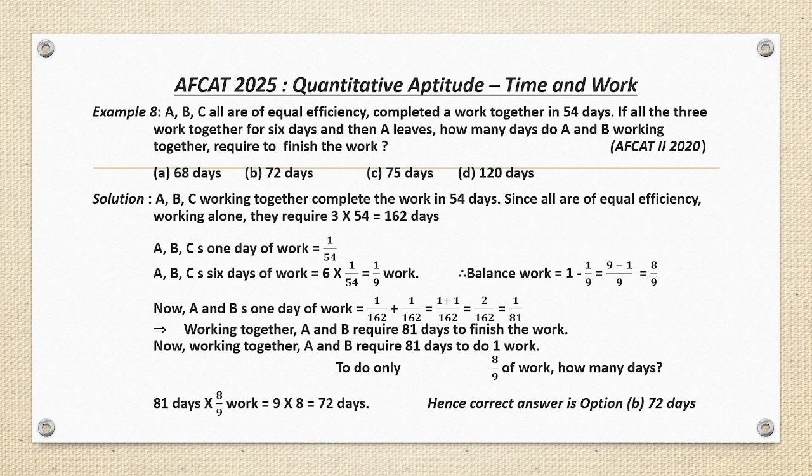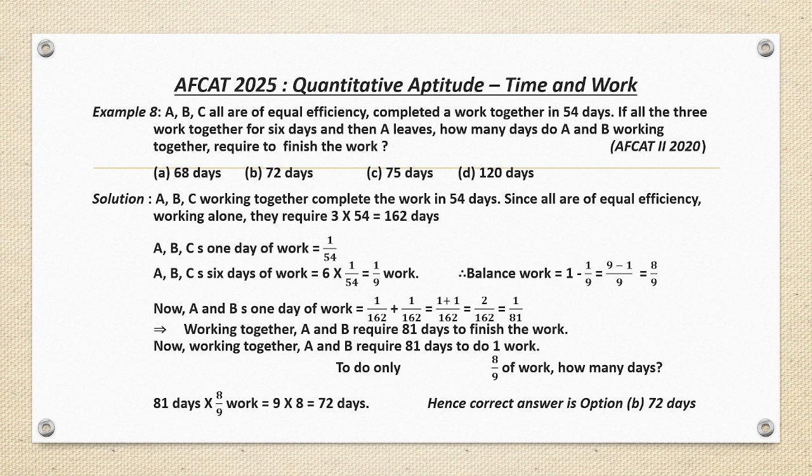But already 1 by 9th is done and only 8 by 9th is left. So if they require 81 days to do one full work, how many days do they require to do only 8 by 9th of that work? So that will give us 81 days into 8 by 9, which is equal to 9 into 8, 72 days. Right? So that is the correct option.